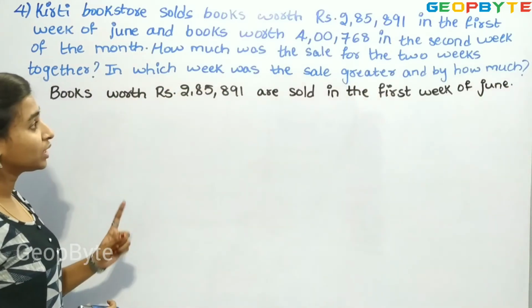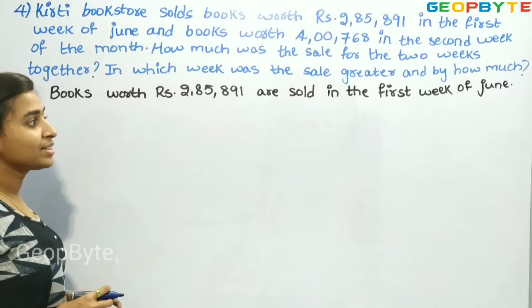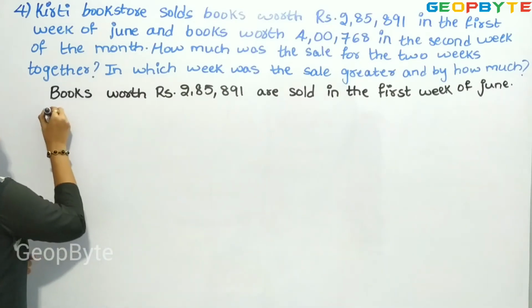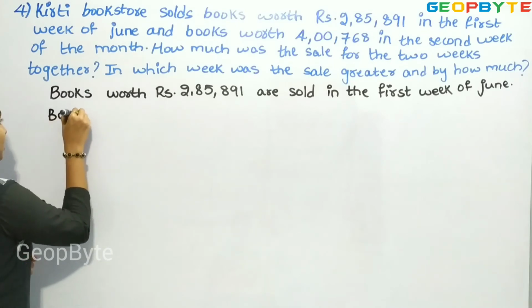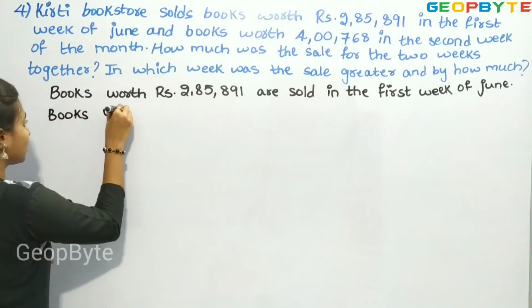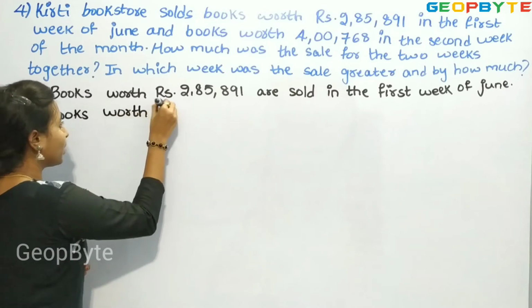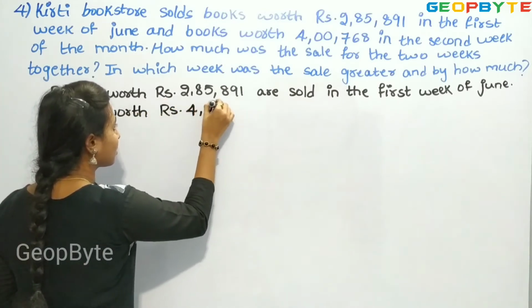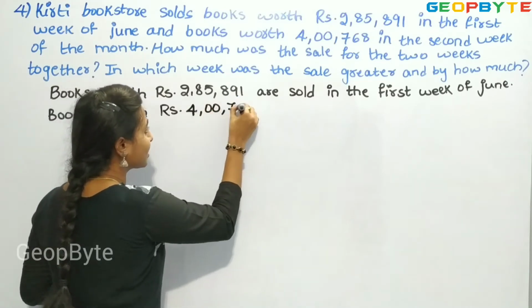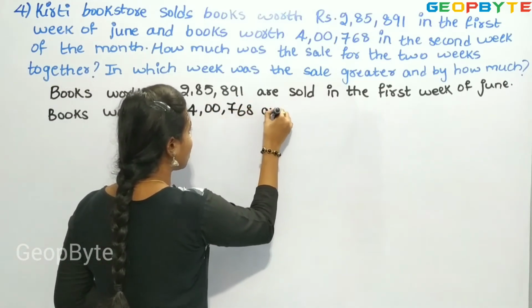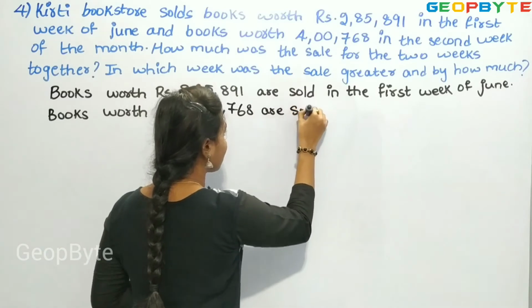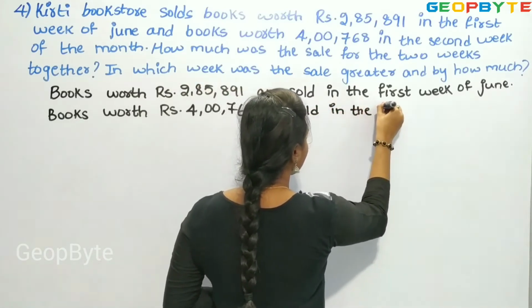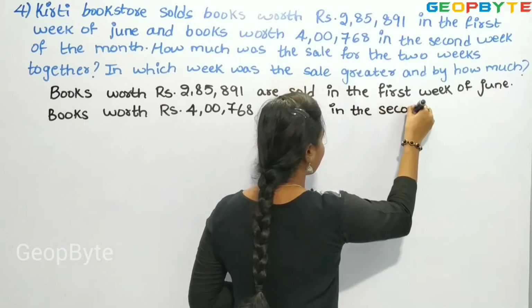And books worth 4,768 in the second week of the month, that is, books worth rupees 4,768 are sold in the second week of June.